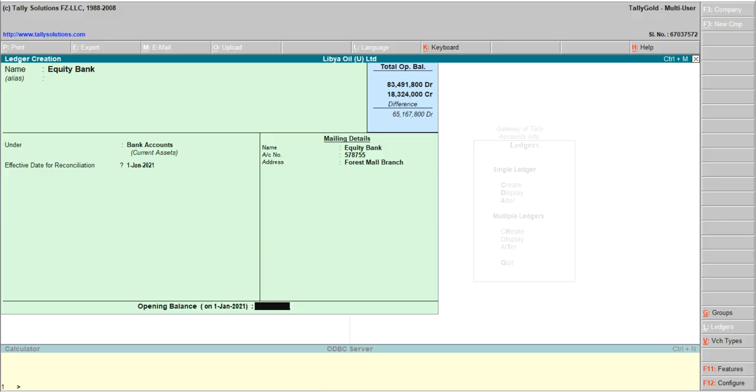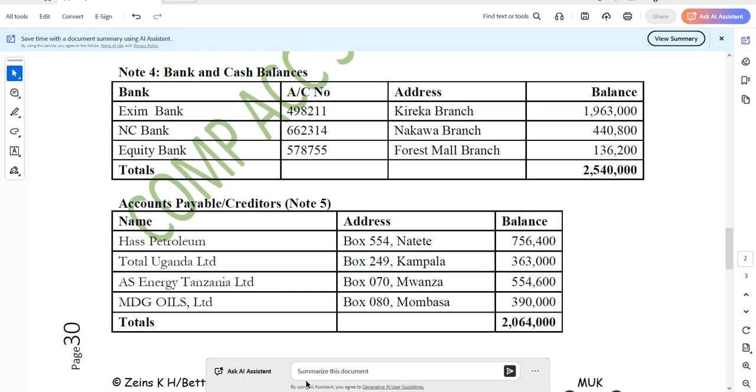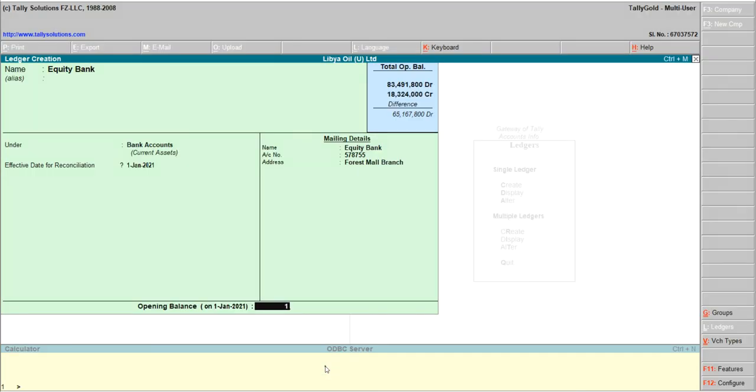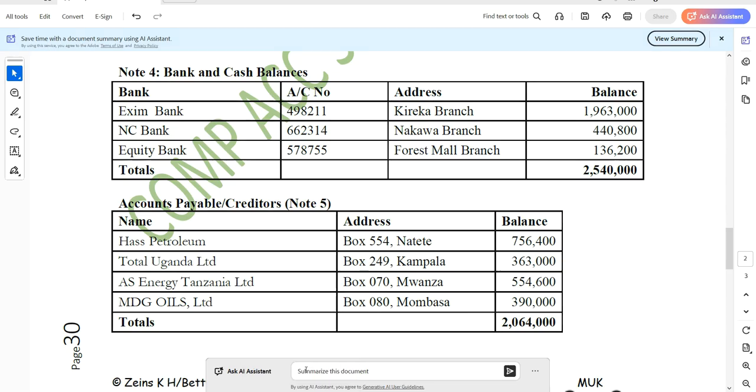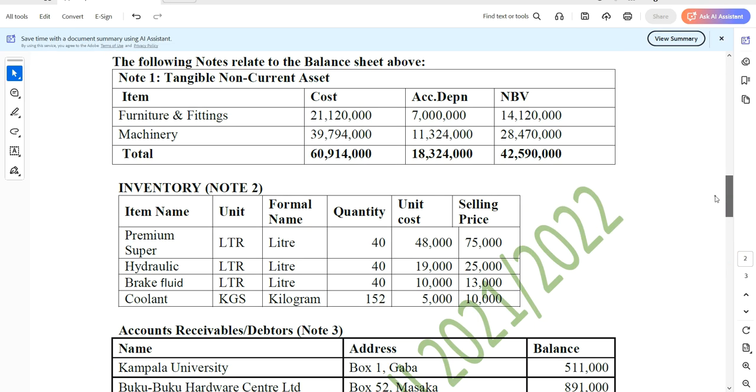What's the opening balance for the Equity Bank account? That is 136,200. Accept. So you've created all the bank accounts with their opening balances.